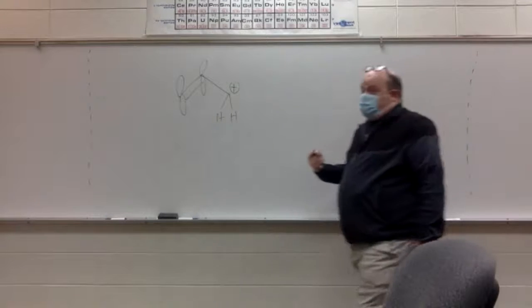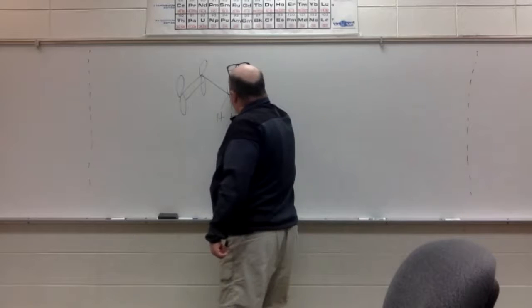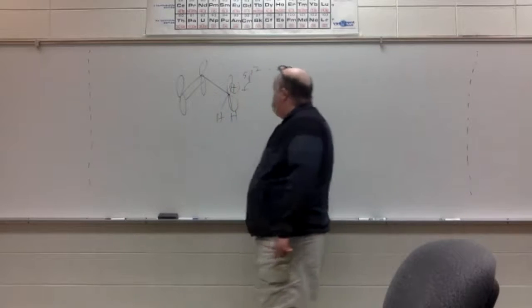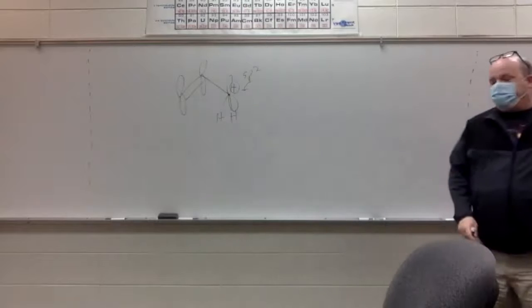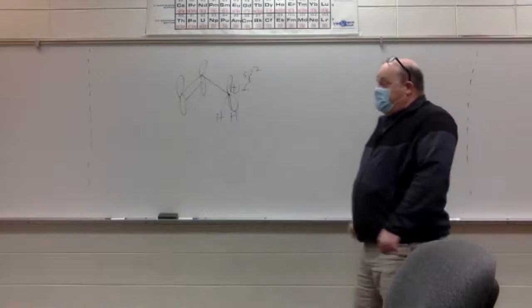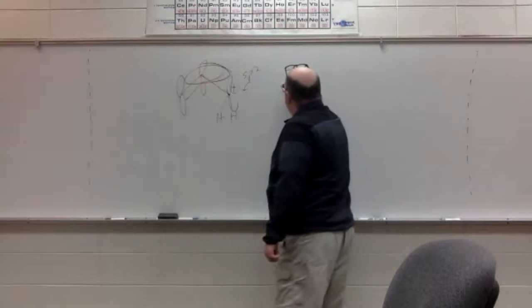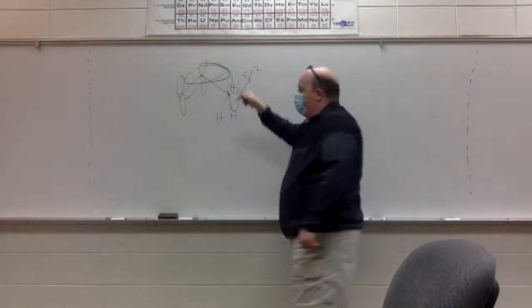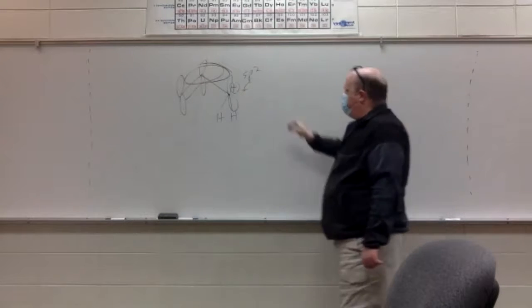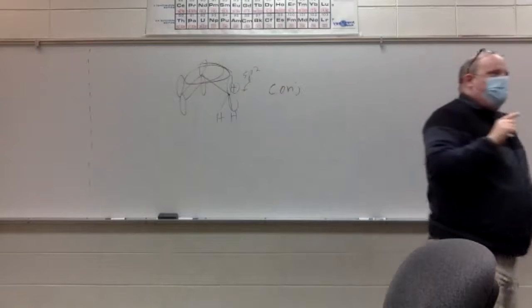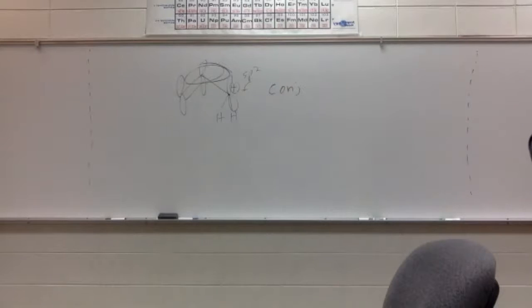That has 3 groups on it, so that means it's sp2 hybridized. So we have another situation where we can have overlap of 3 consecutive p orbitals. So anytime you have an allylic carbocation, that is a conjugated system.